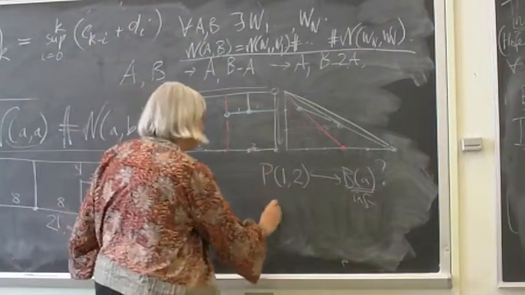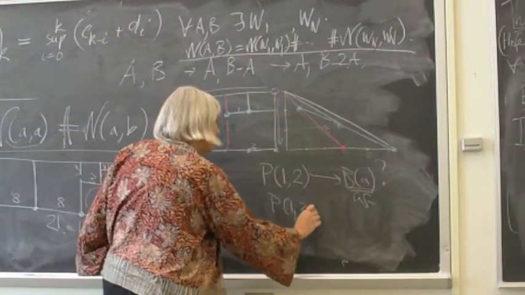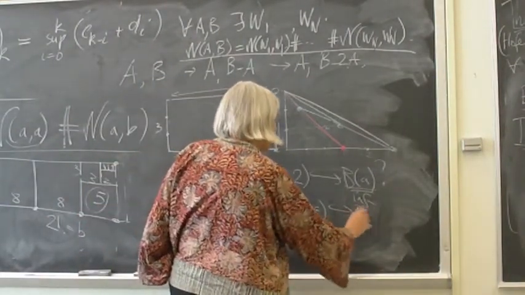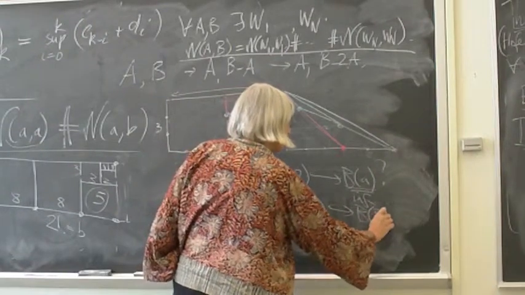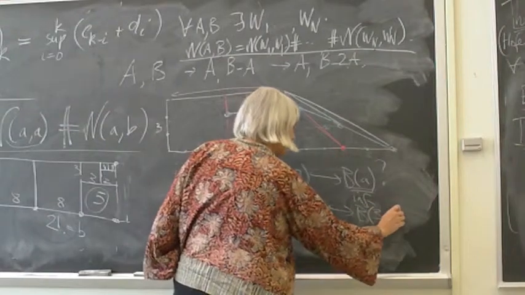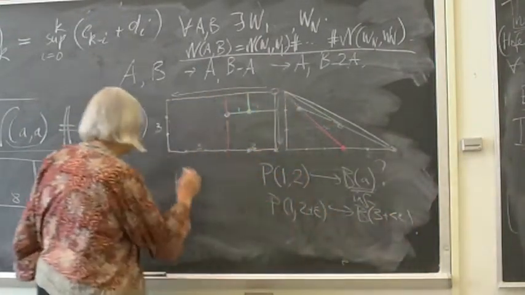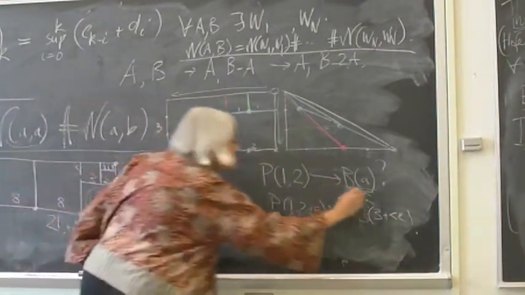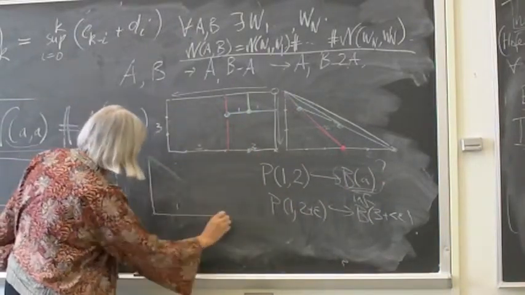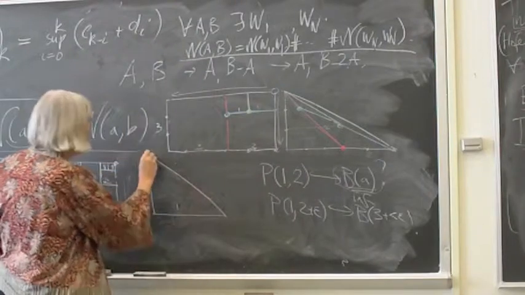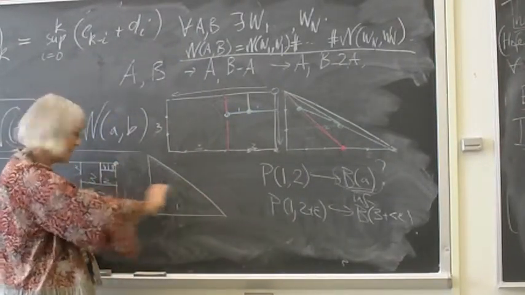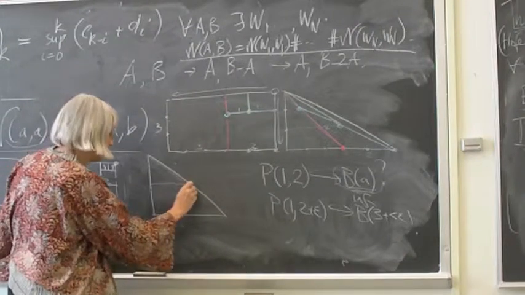If you take P(1,2) plus epsilon, then you know that embeds in something a bit less than the ball of size 3 plus epsilon. The ball you think of as a triangle. The polydisc is obviously like a rectangle, because it's just a product, so it looks sort of like that.